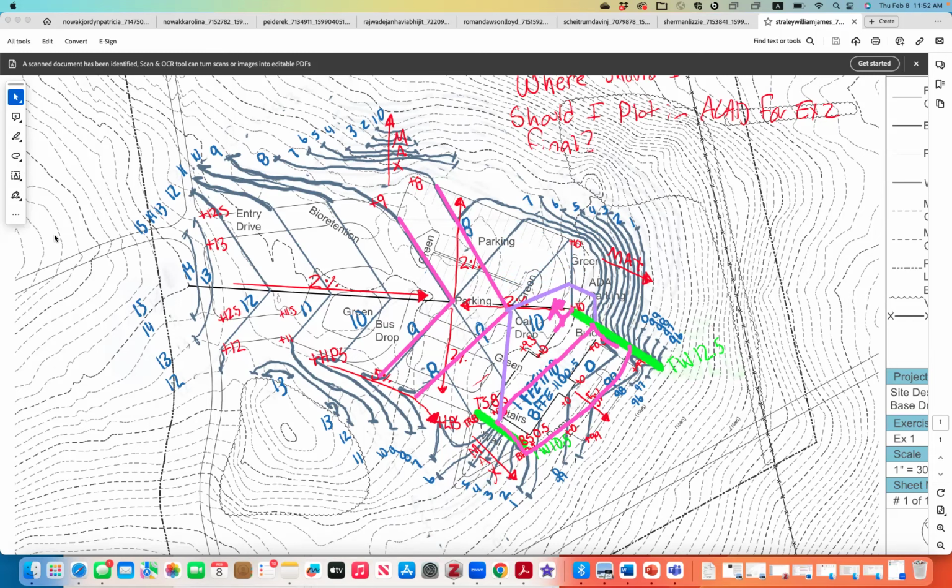And then your swale direction is this direction. It goes into your green, so that's good. Make sure that it goes into your green. And then this means that the center line here is actually in this direction, which is totally fine, right?